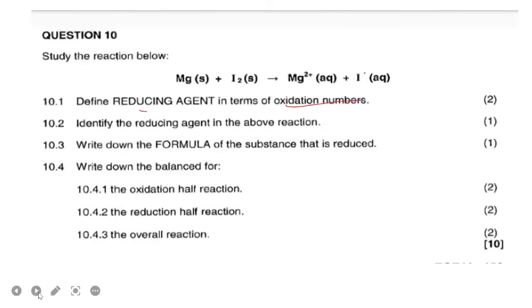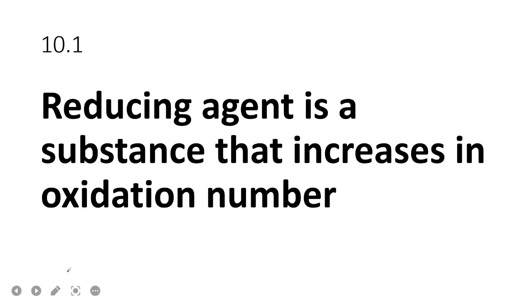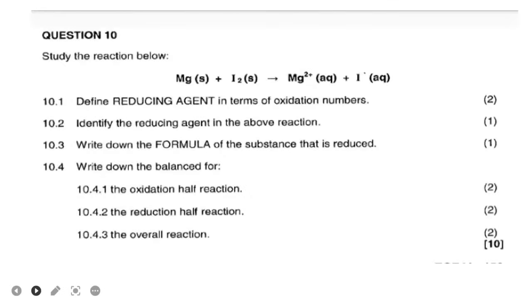Basically, a reducing agent is a substance that undergoes oxidation. But because they said in terms of oxidation number, we have to say a reducing agent is a substance that increases in oxidation number.